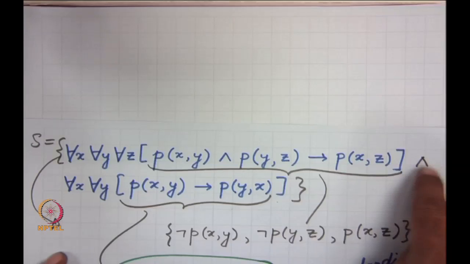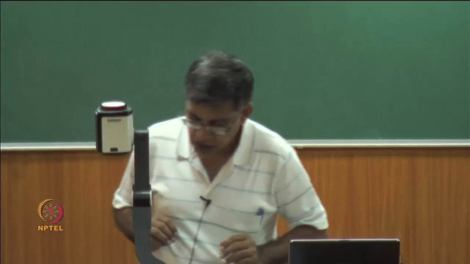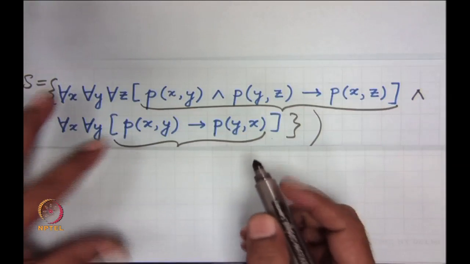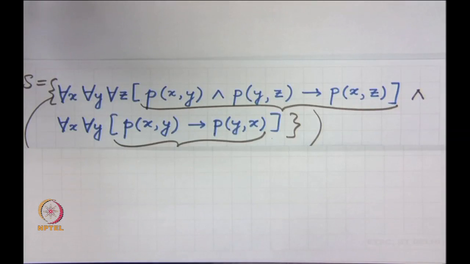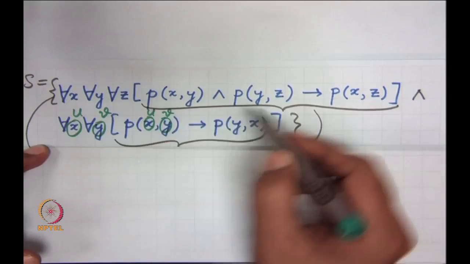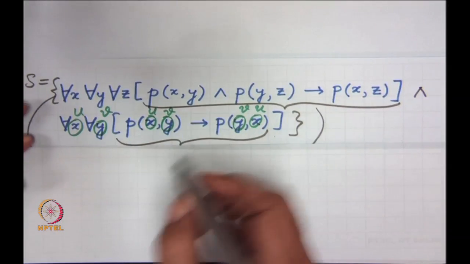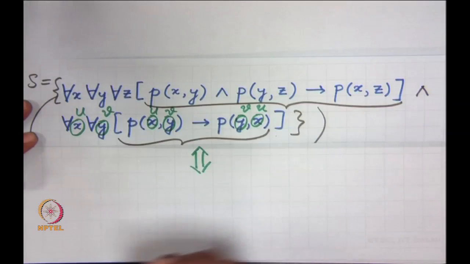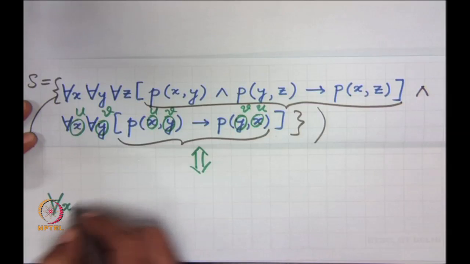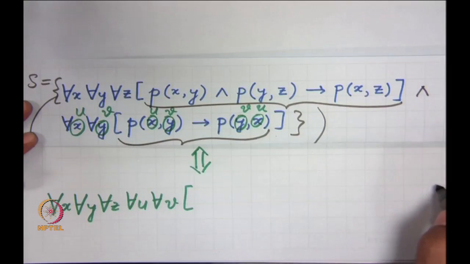But then what you have is that this AND, after having done a standardization apart, which means I replace this by u and this by v, is logically equivalent to having for all x, for all y, for all z, for all u, for all v, and a conjunction of the bodies.